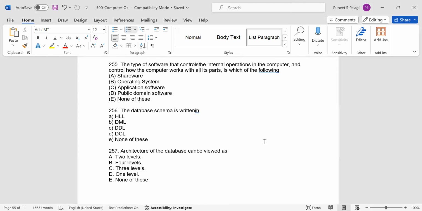A type of software that controls the internal operations in the computer and controls how the computer works with all its parts. It is the operating system.